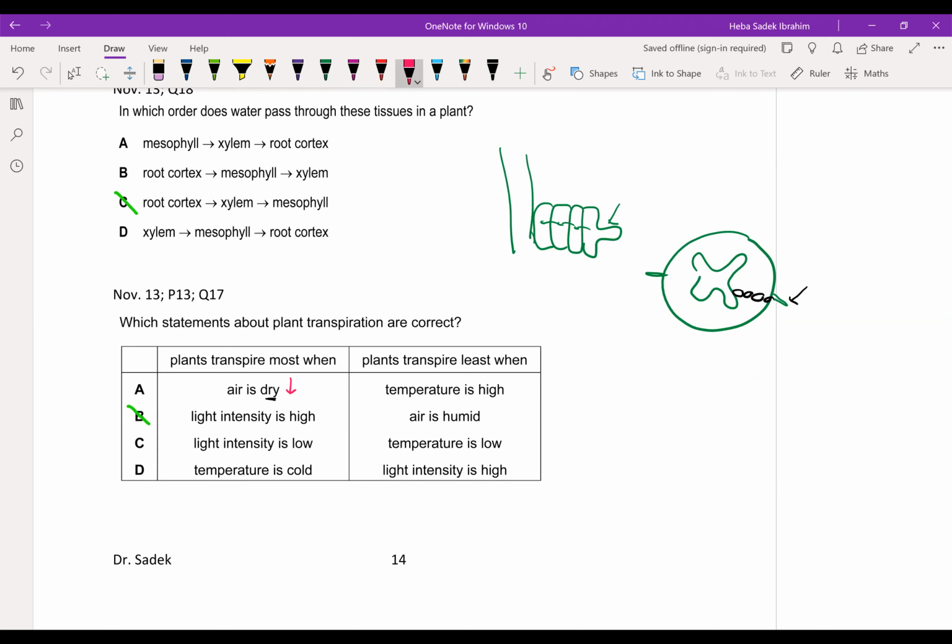Right? So here it does transpire most when the humidity is low. But it does not transpire least when the temperature is high. So dry air is just another way of commenting on the humidity.